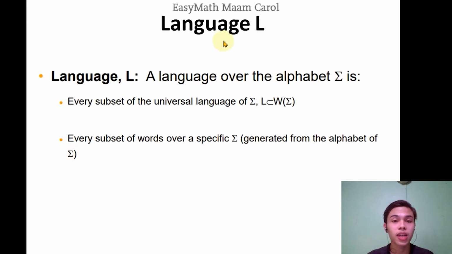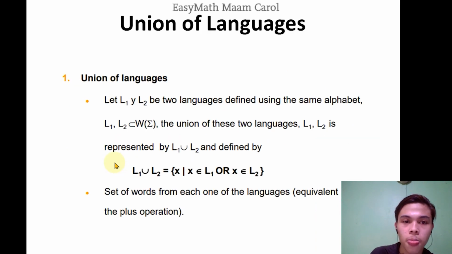Next is the language L. A language over the alphabet sigma is any subset of the universal language of sigma. So this is the universal language: every subset of words over a specific sigma generated from the alphabet of sigma. Union of languages: let L1 and L2 be two languages defined using the same alphabet.